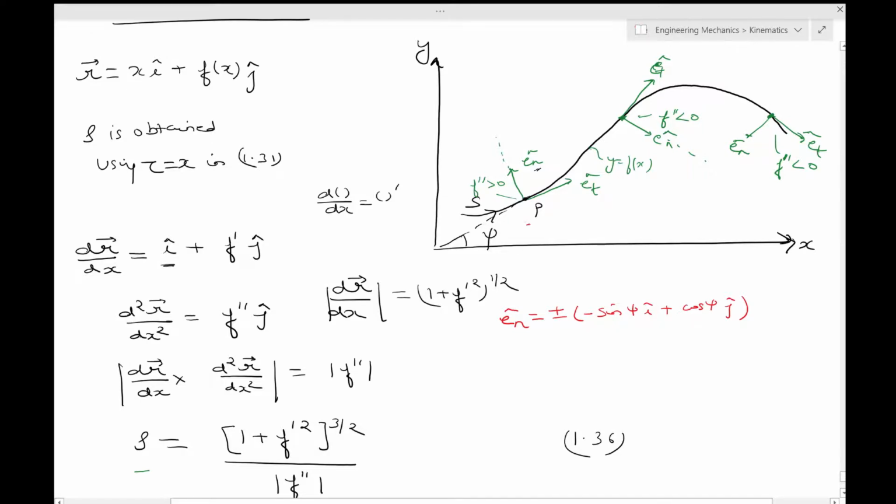Okay, so the positive sign over here for the normal will be used at this point P. Reason is that d psi by ds is greater than 0, and the negative sign will be used over, say, this point Q and even R, because over here d psi by ds is smaller than 0.